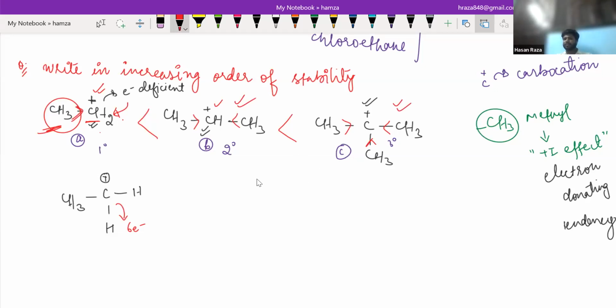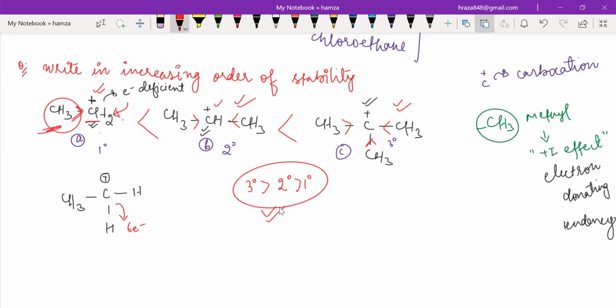So this will be the order of stability, or we can write directly: 3 degree is more stable than 2 degree, than 1 degree. Got it? Yes, sir. Please write it. Yes, sir. Finish.